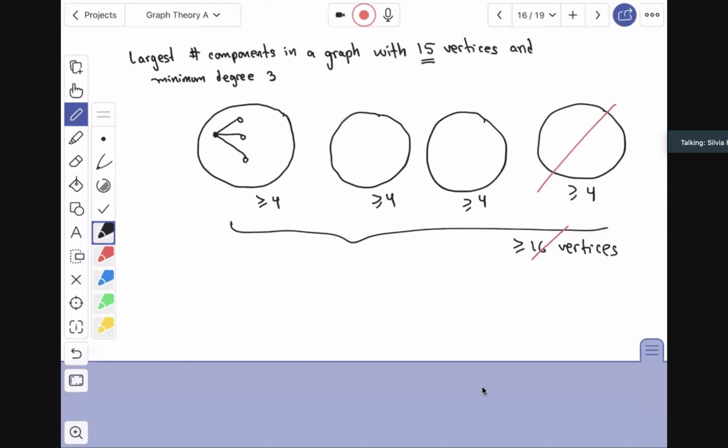So usually what you do is provide an example that actually has 3 components. If you do that, then that's the largest, right? If you feel like with a big probability it's going to be 3 components, that's your answer. We're not at this point sure that we can do it, but it's the largest you can do.